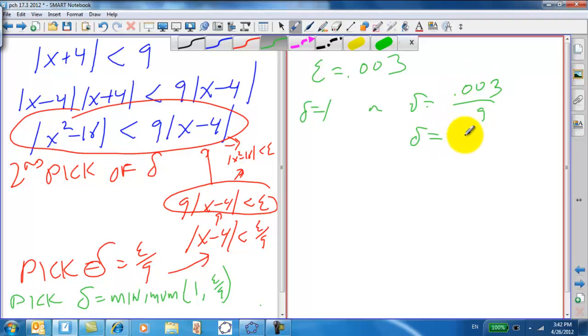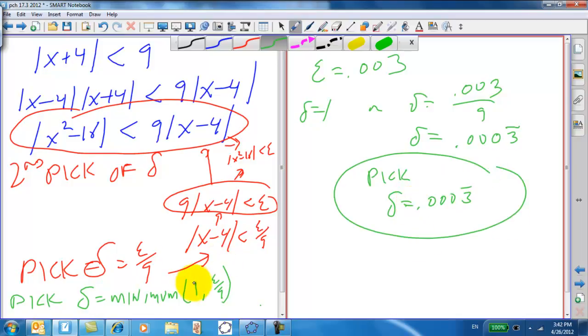That means delta would equal 0.003 divided by 9, which is basically a third, so 0.03, right? I better check that. 0.003 divided by 9. Yeah, I get 0.0003 repeating. So we'd pick the smaller of these two, so you pick delta to equal 0.0003 repeating.